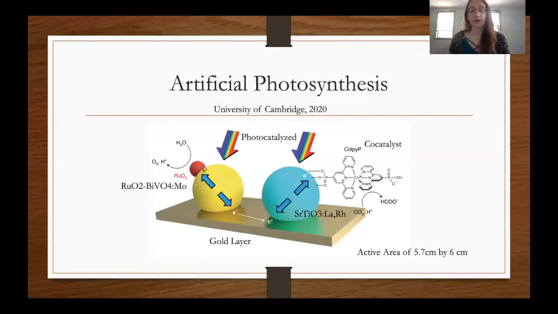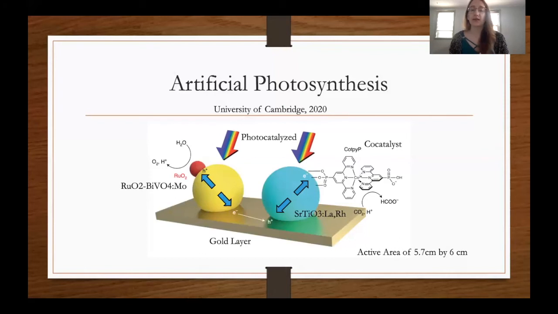So the goal is to make a housing unit, hopefully out of transparent TPU, because it's able to be flexible and 3D printed, which would reduce cost of the overall device. So this gold layer would be inside the TPU, and it would be coated with an aqueous solution of CO2, where we pull CO2 in from the air and water from rainwater sources.